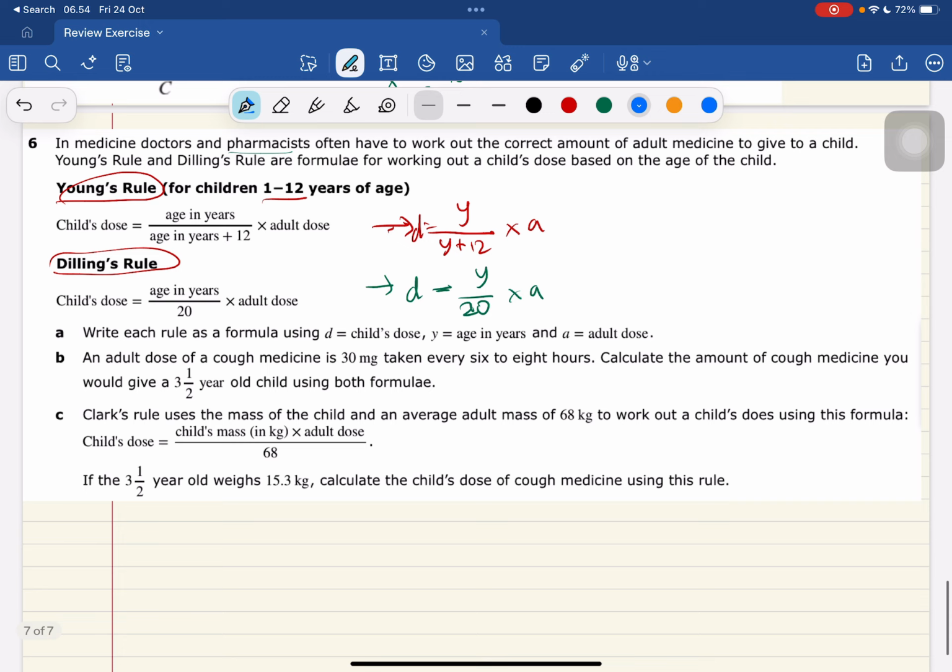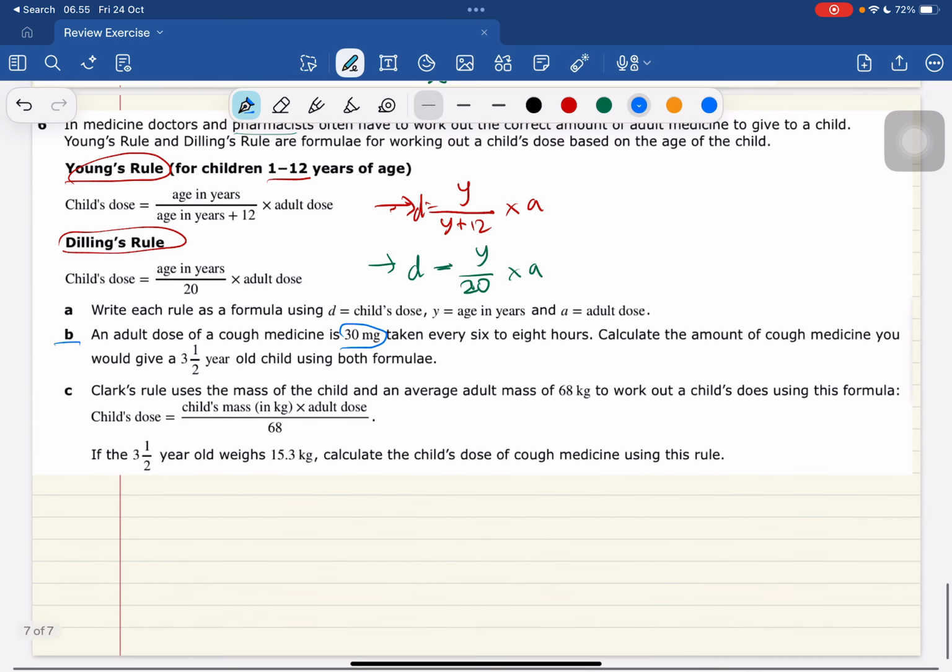So let us work out B. An adult dose of cold medicine is 30 mg taken every 8 hours. Calculate the amount of cold medicine you would give a child of age 3.5. So we can make it like this.